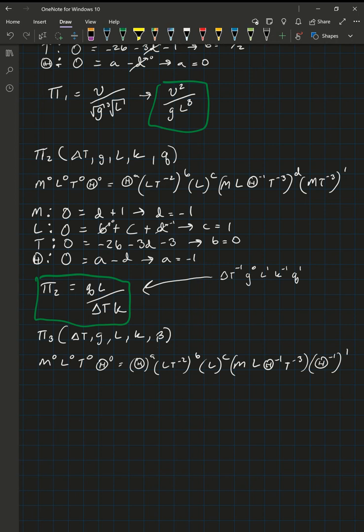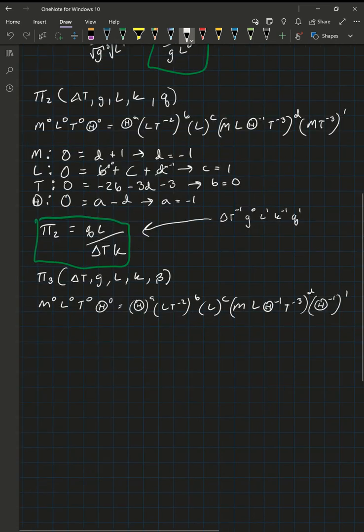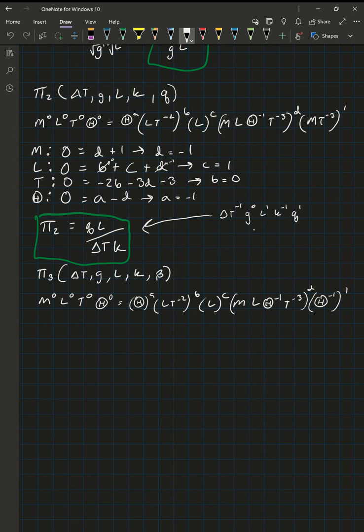And so I started the same process here that you can see, where I was trying to equate these dimensions to determine what these A, B, C, and D quantities are for our third pi group. So kind of going through that same process again, I'll try to go a little quickly. Again, we're going to go through each dimension and determine what variables are made up by those dimensions.